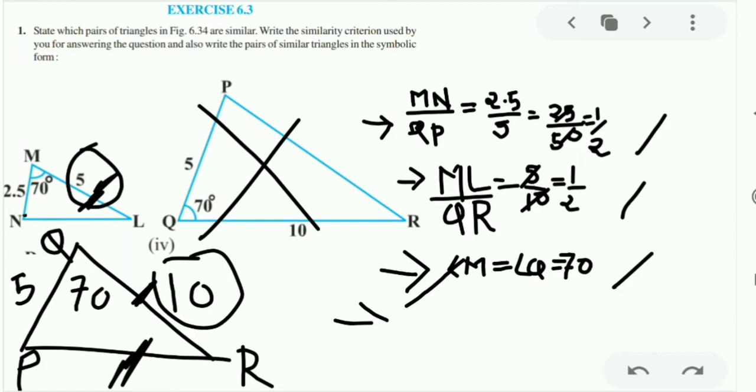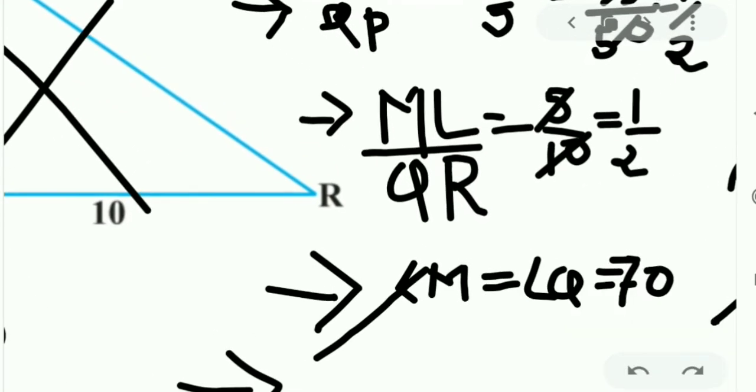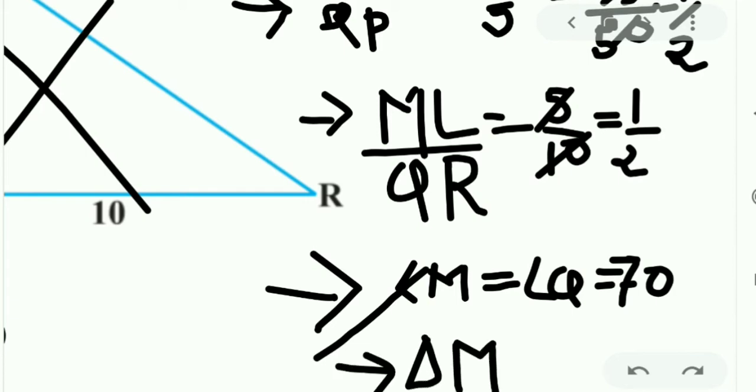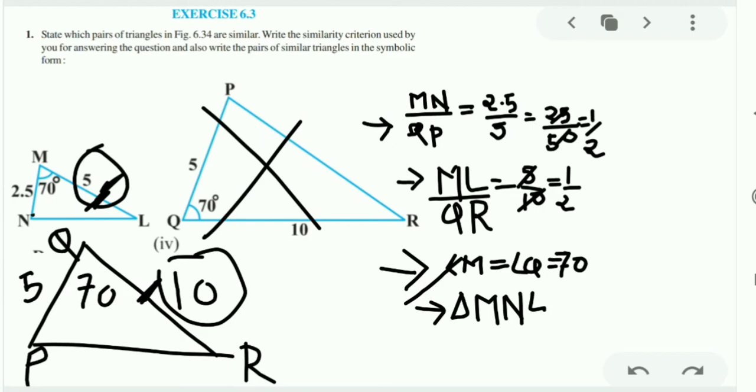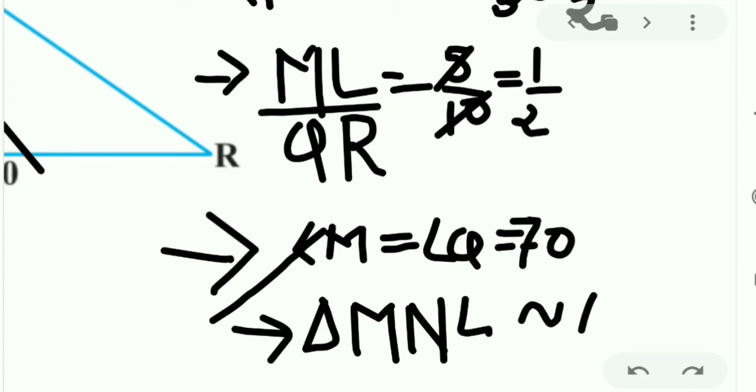So here we write triangle MNL is similar to triangle QPR.